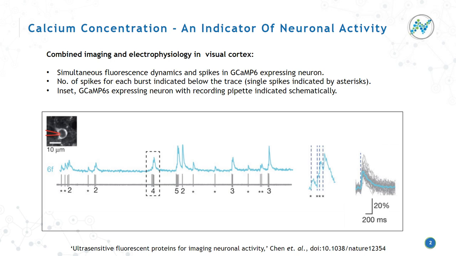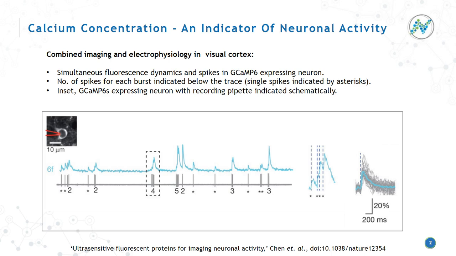As shown by the group that developed it, Chen et al., there is a neuron expressing GCaMP that is being patch clamped at the same time. The little red thing you see there is the patch clamp. They showed that the fluorescence signal, the blue line from GCaMP6 fast, shows a rise whenever you have an action potential, which is shown on the lower line.